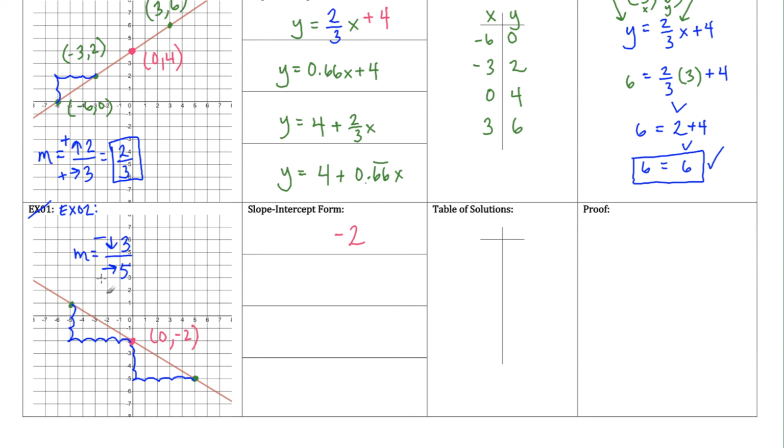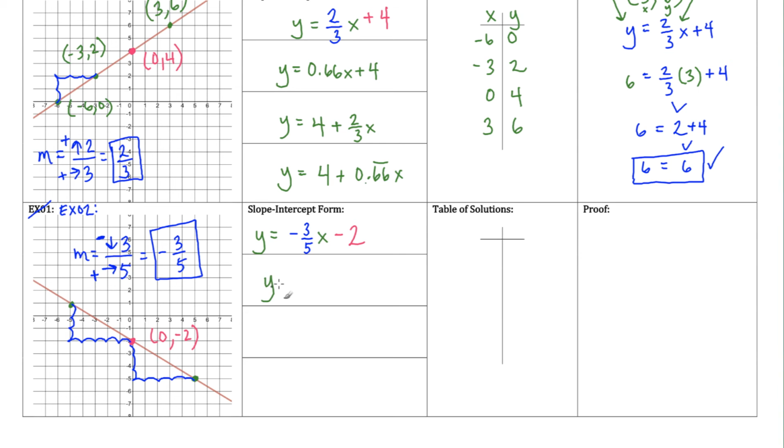So -3, positive 5. Let me make that stand out. -3 over positive 5. So negative over positive is a -3 over 5. So y equals -3 over 5x minus 2.